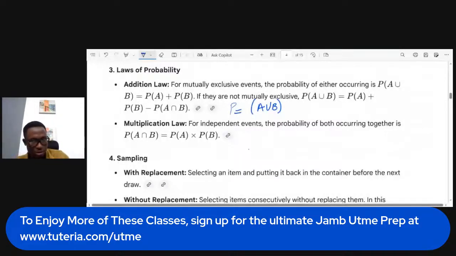Intersection, union, like you have it in set theory. Union here in probability is saying that probability that A or B will occur. But intersection is saying that probability that A and, see what I used there, and, A and B will occur together. Like we have in set theory too.